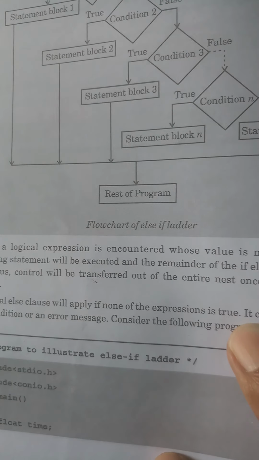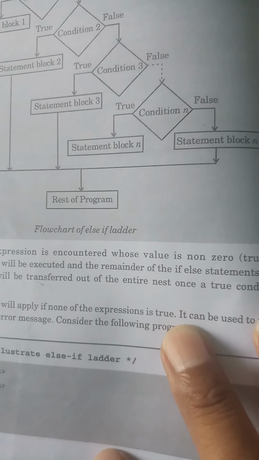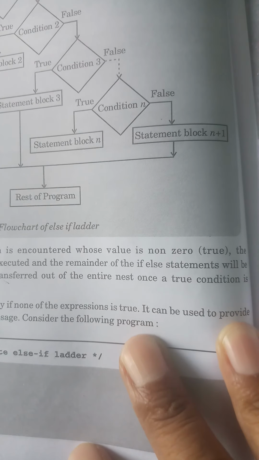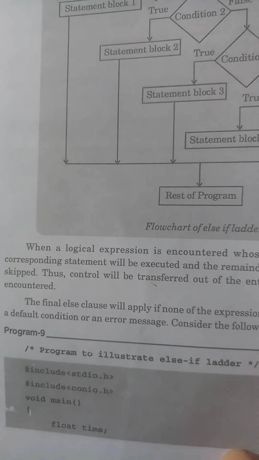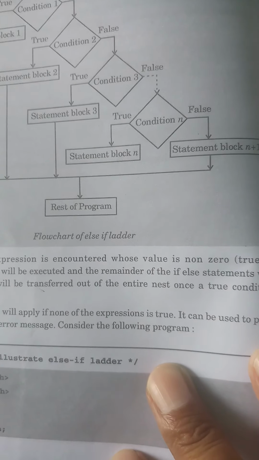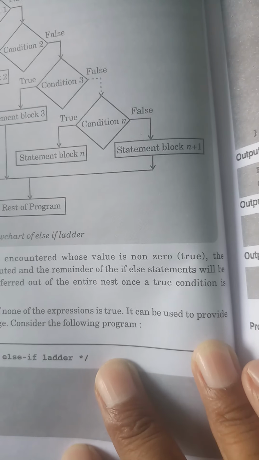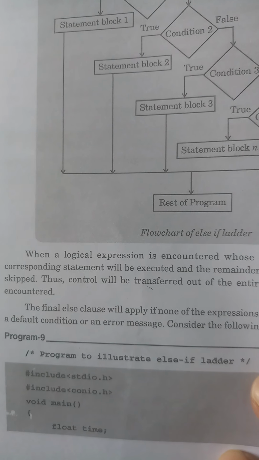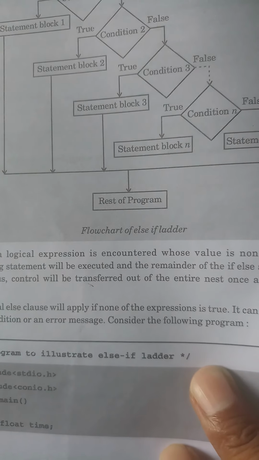Thus control will be transferred out of the entire nest once a true condition is encountered. The final else clause will apply if none of the expressions is true. It can be used to provide a default condition or an error message.